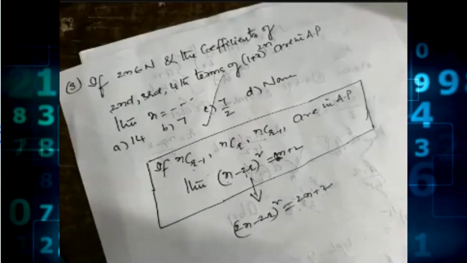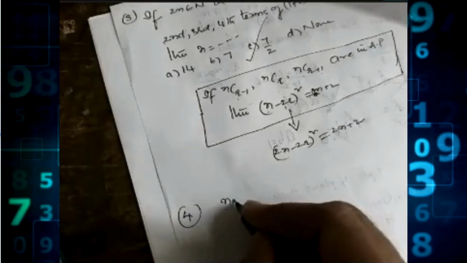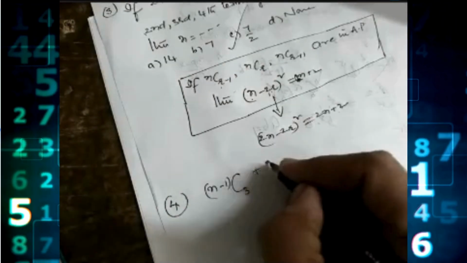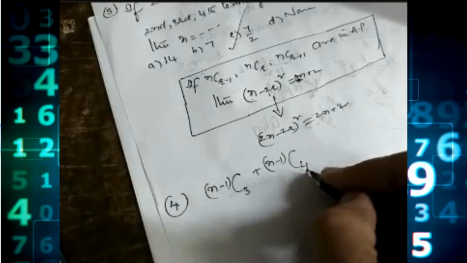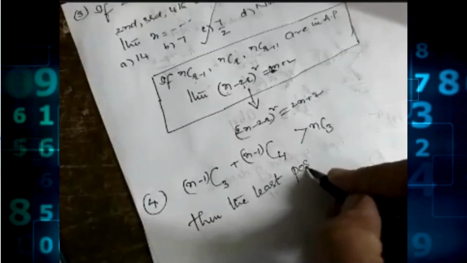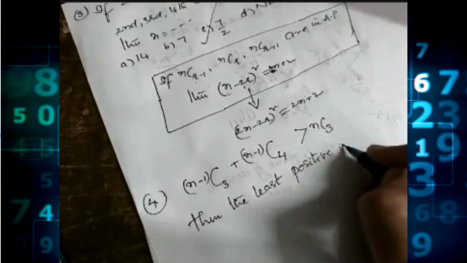Next, one more question. (n minus 1)C3 plus (n minus 1)C4 is greater than nC3, then the least positive integral value of n is here.